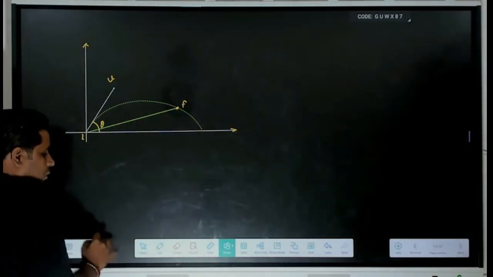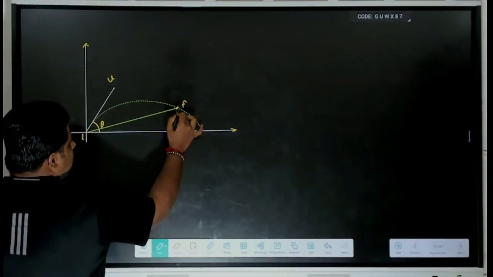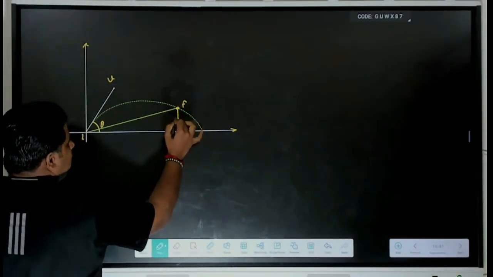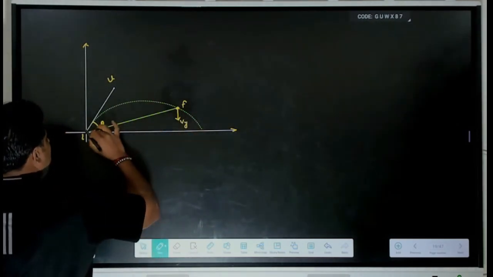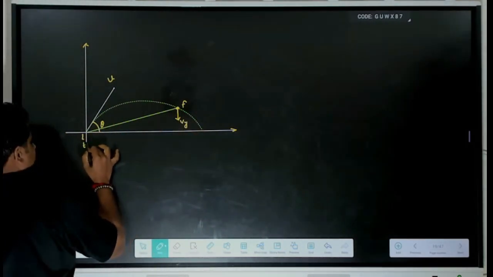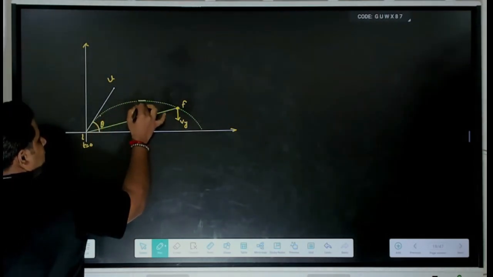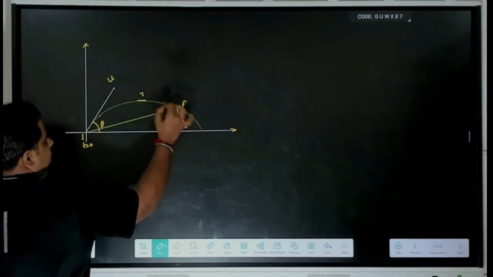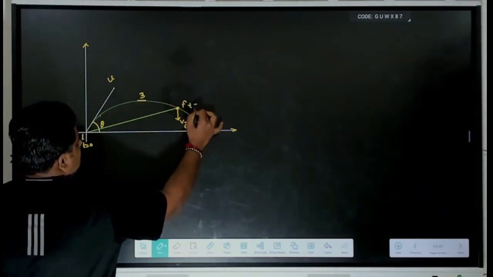Yes. So if I need to find out the value of velocity here, what will it be? Suppose this was 0 seconds, then 1, 2, and at the top point it takes 3 seconds, and this part I am talking about is 4 seconds.